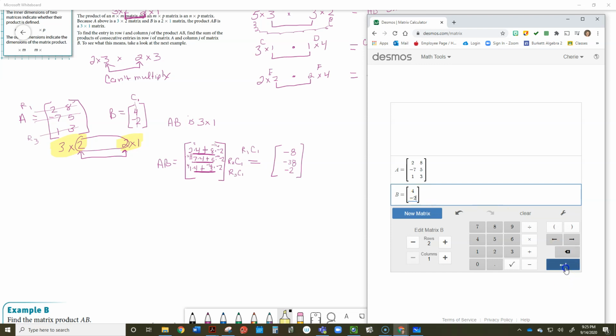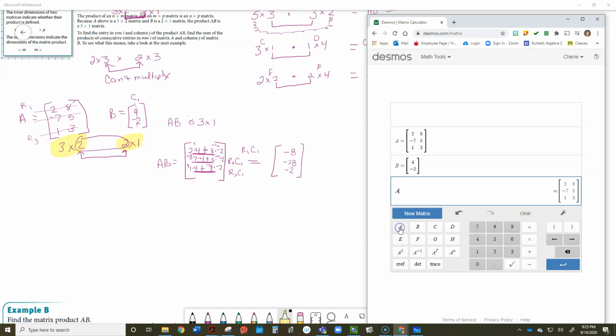And then all I have to do now is just tell Desmos that I want to multiply matrix A times matrix B. And when I do, it shows me the -8, -38, -2. So it looks like I did it right.